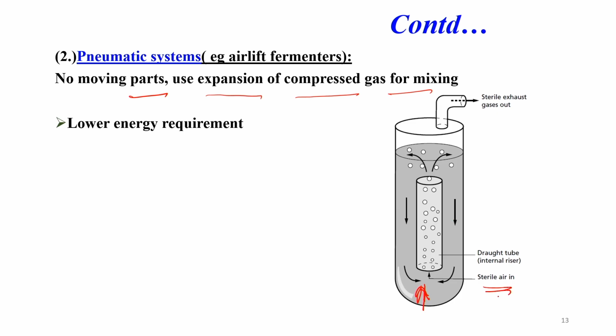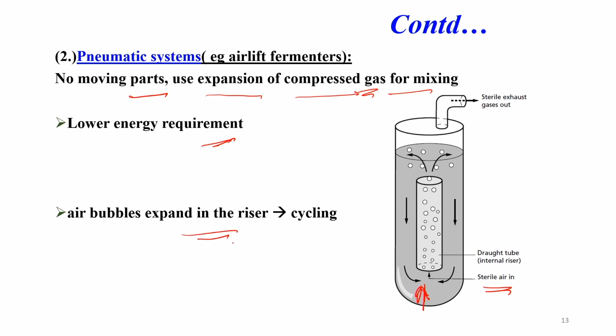So, the compressed gas and its flow rate are very important for the pneumatic system. It does not require any external power, and the air bubbles expand in the riser, and then they go for cycling due to density difference.